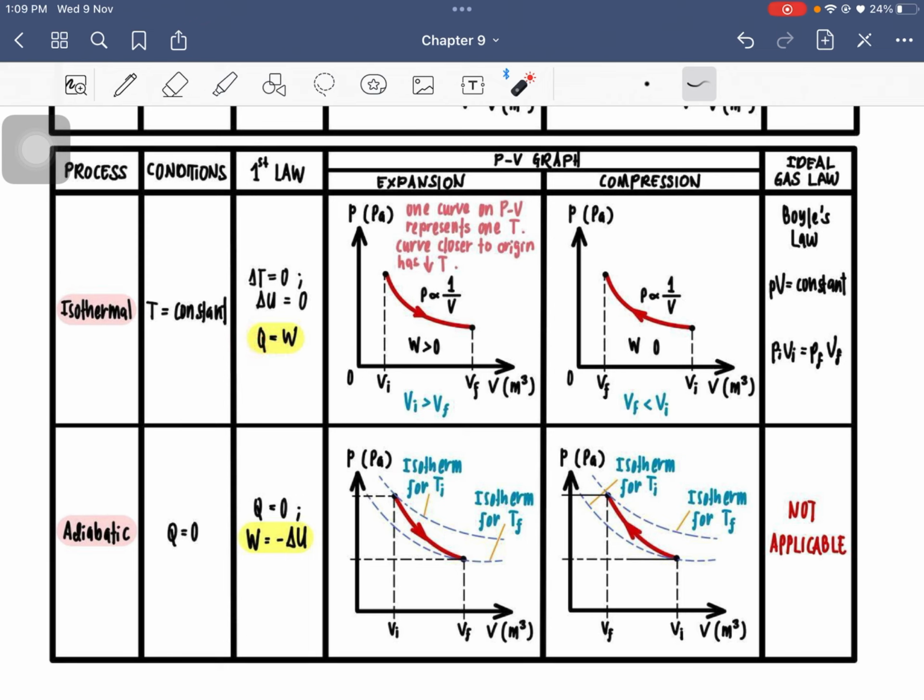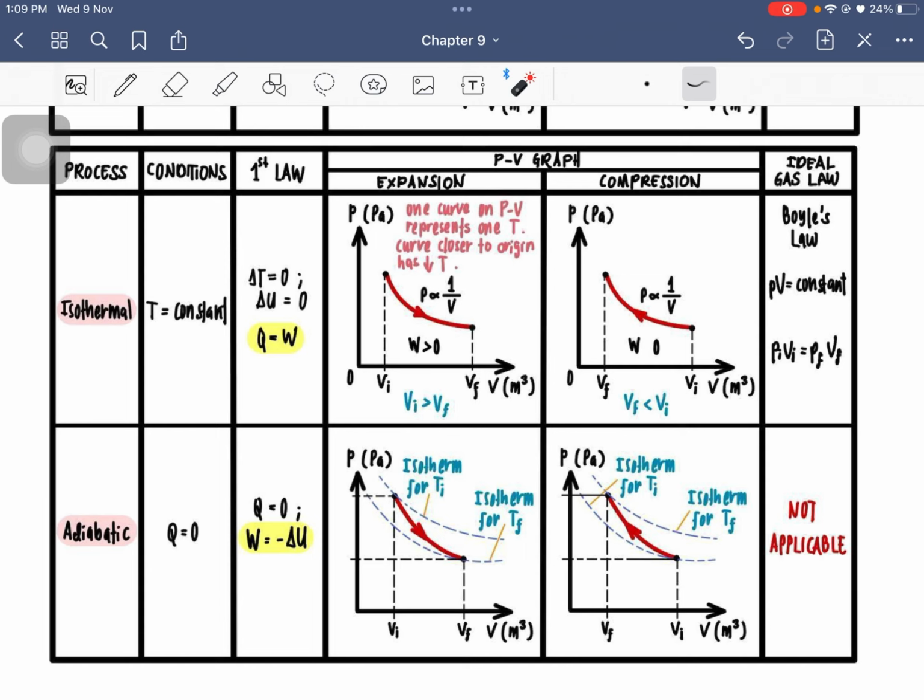For the PV graph, it is a curve. Any curve that is closer to the origin will have a lower temperature. So basically this curve represents one value of temperature.